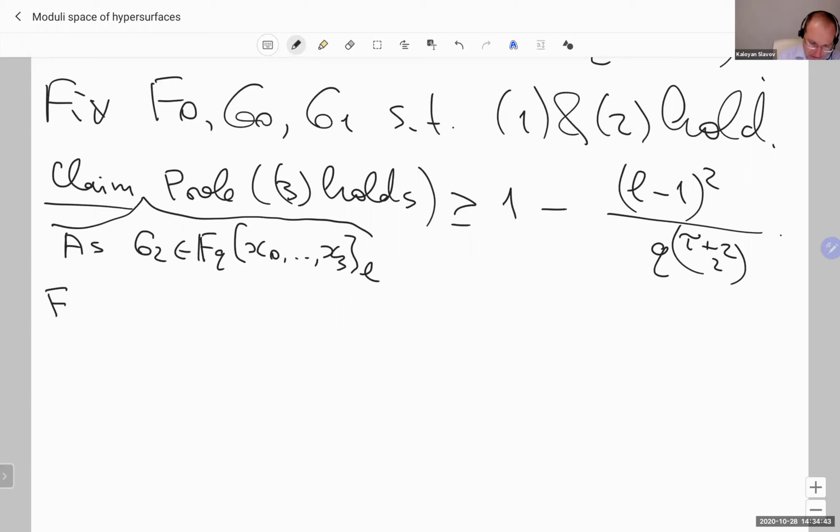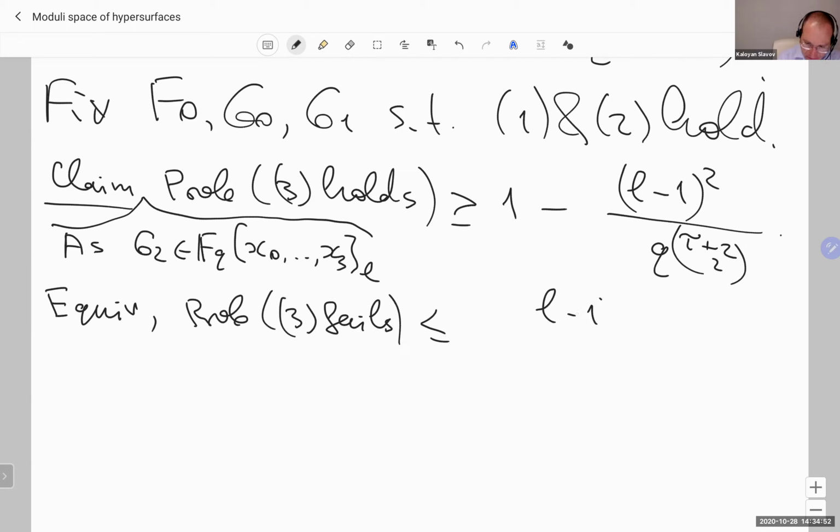Or equivalently, the probability that 3 fails is less than or equal to (L minus 1) squared divided by q to the (tau plus 2 choose 2).